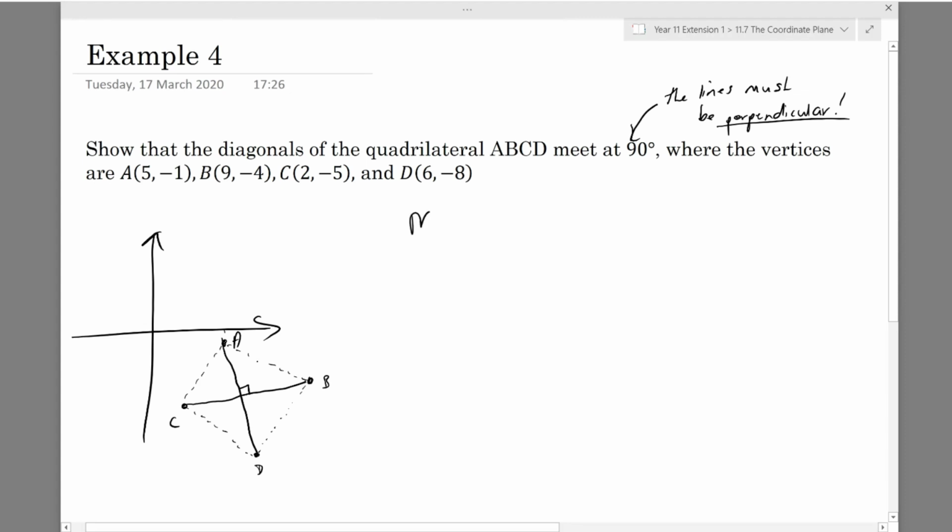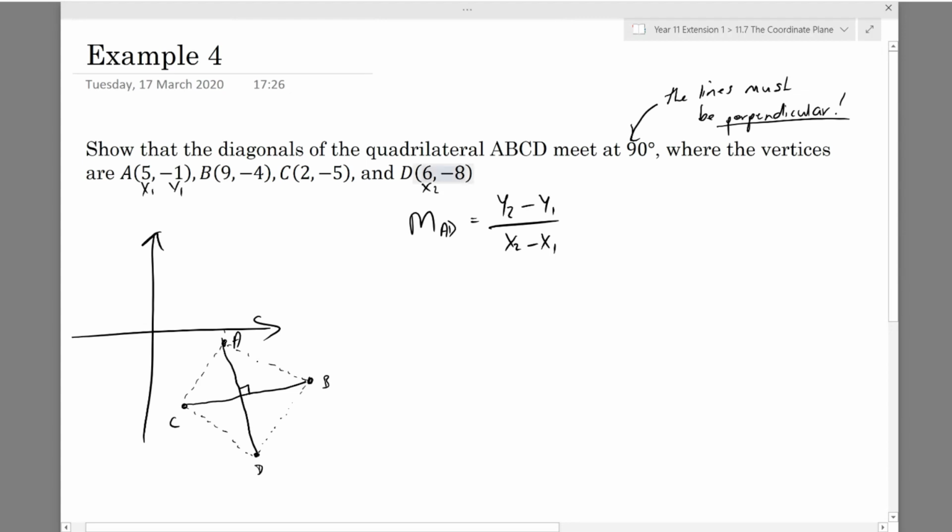So the gradient M of AD is equal to y2 minus y1 over x2 minus x1. So I need A and D in this case. We're going to go x1, y1, and x2, y2.